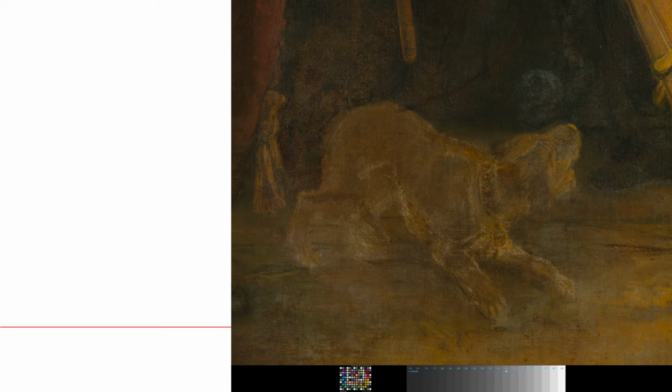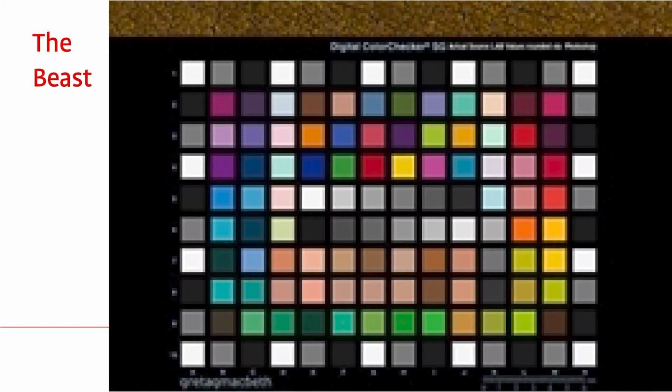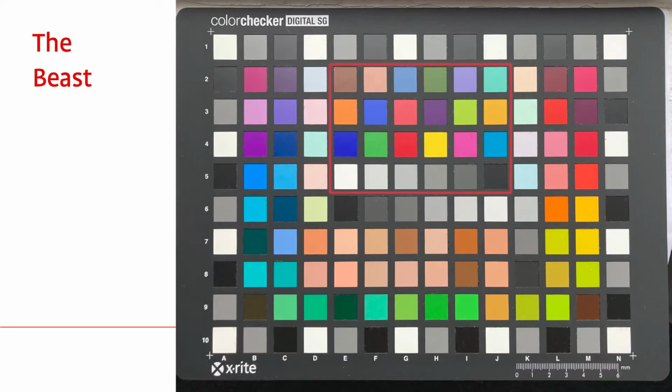The one on the left contains 144 spots of color, which are printed in a very accurate way. What's the beast? It is called the digital color checker, and it contains spots of different colors and of different shades of gray. It is meant to be very accurate.